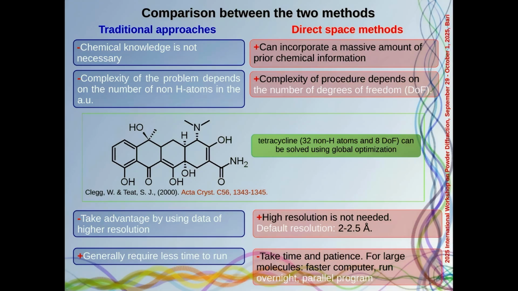Another difference, in my opinion, between the traditional approach and the direct space method is that the direct space method should be associated, at the end of the structure solution process, with a validation step using, for example, computational chemistry.